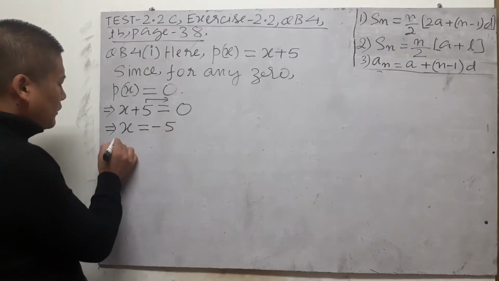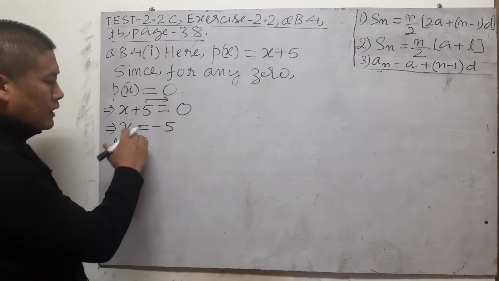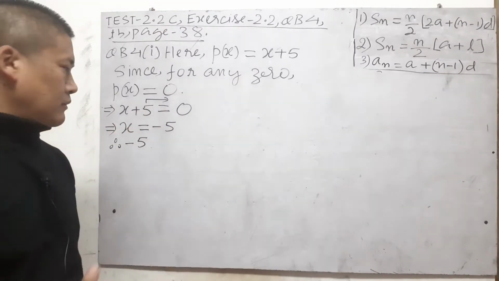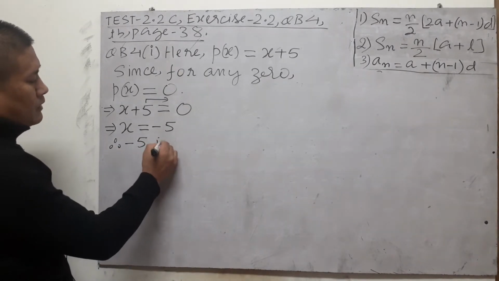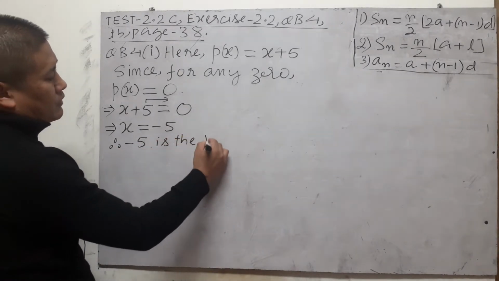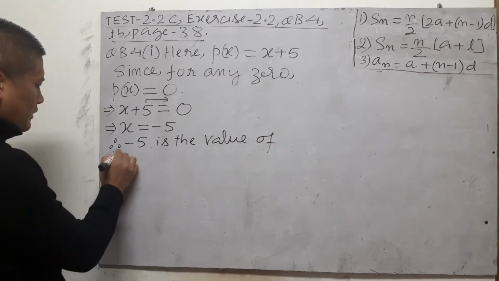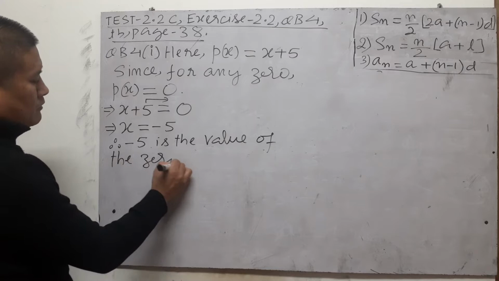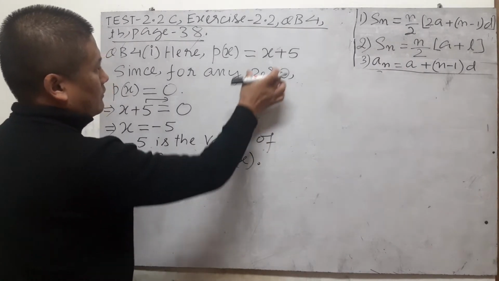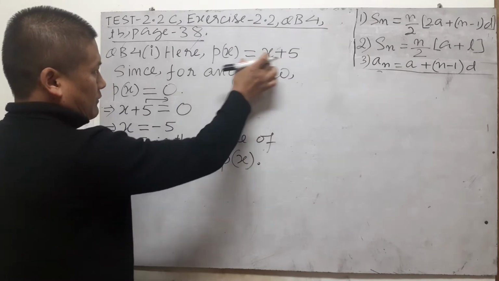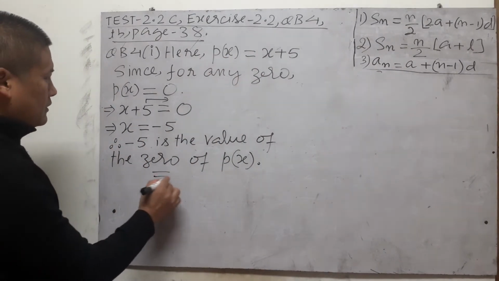So therefore this minus 5, the x value, is called a zero. The value of the unknown, usually x, or if it's y, that is called the zero. So minus 5 is the value of the zero of the polynomial p of x, meaning the zero of x plus 5 is minus 5. That's the first answer.